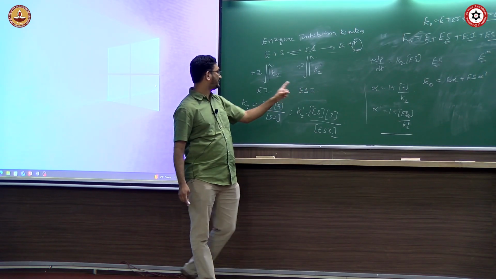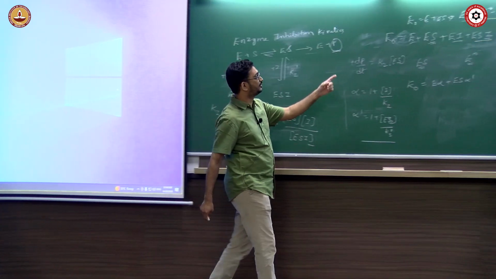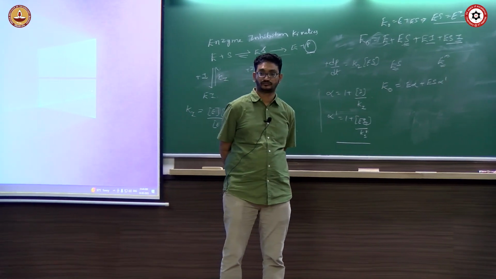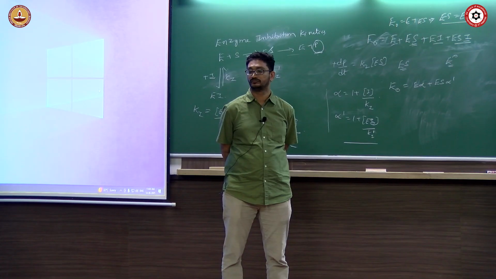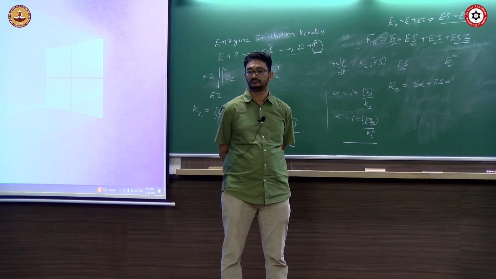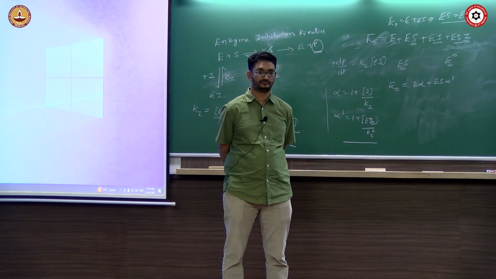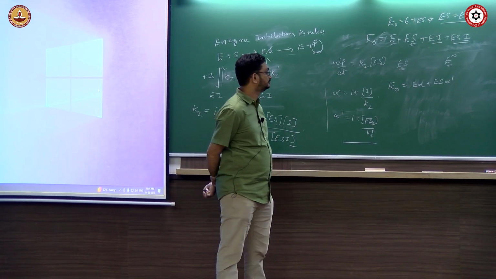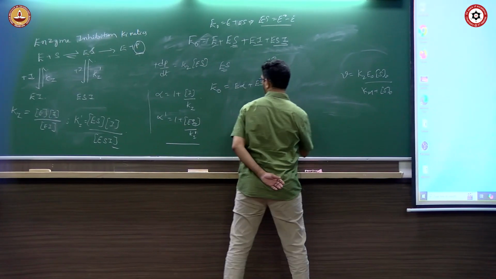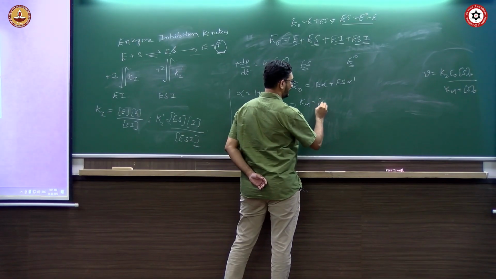If you want alphas in terms of Ki, the Ki's are given. So I want you to find out whether these two are coming out to be the same or not. You do that. I'm just doing something else.